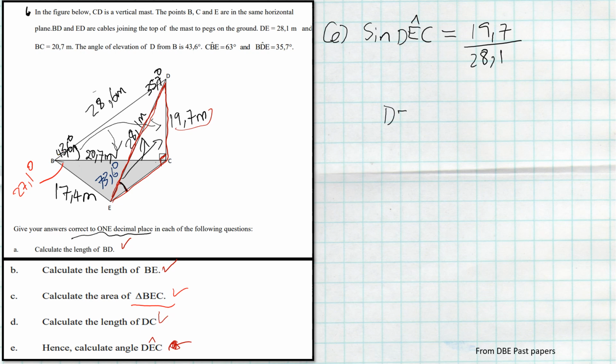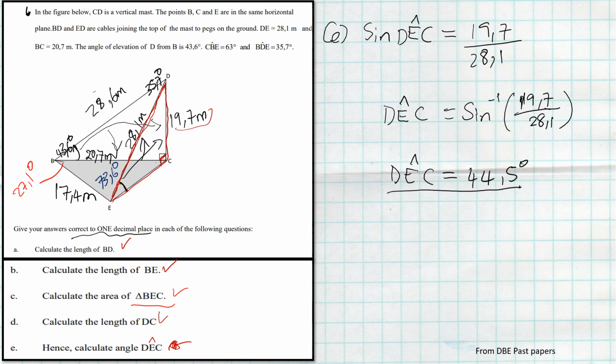So we can solve for angle DEC by saying arcsine of 19.7 divided by 28.1. Using a calculator, angle DEC is equal to 44.5 degrees. Okay, so that's basically how we calculate that.